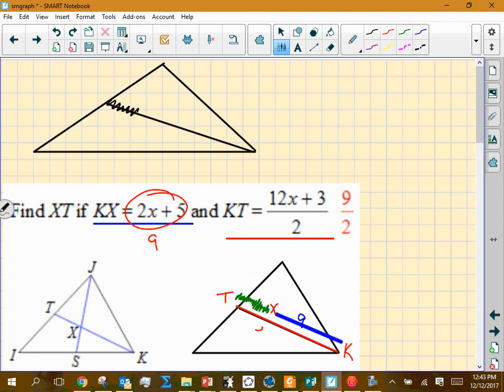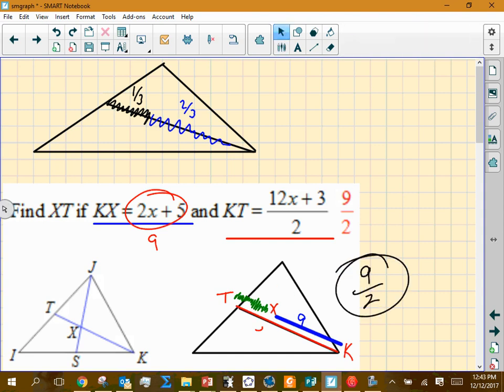We had that distance there, which was 1/3, compared to that blue distance there, which was 2/3. How does 1/3 compare to 2/3? It's half, isn't it? So this distance here is going to be what of this distance here? Half. So half of 9 is that right there.